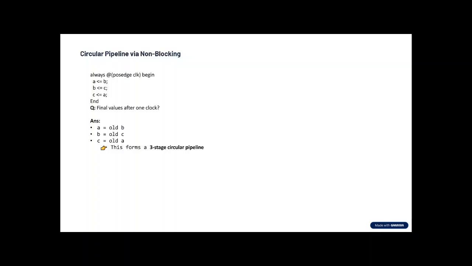So A gets the old value of B, B gets the old value of C, and C gets the old value of A. So this forms a three-stage circular pipeline. That's why it is written circular pipeline. And this is intentional and synthesizable.